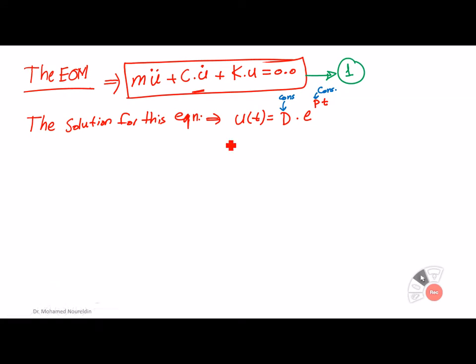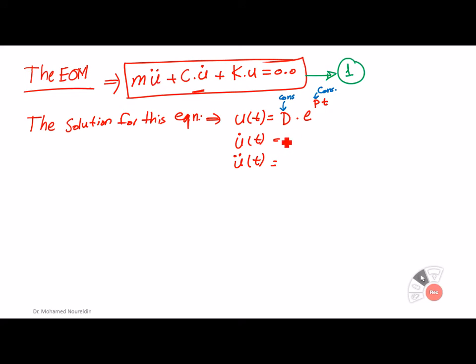From here we can say, let's take the first derivative and the second derivative of our solution, because we need to use it in our main equation, since this is the equation of motion. So we know now u, which is d e to the power p t, but we want to get u dot and u double dot.